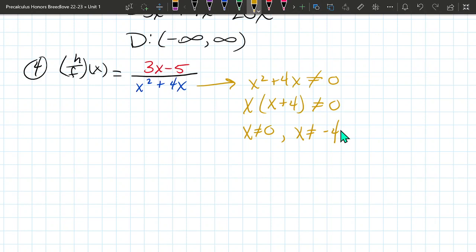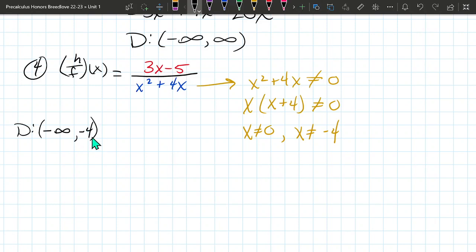All right, so if we have two domain restrictions, when we write the domain, that means we're going to have two unions in the domain. Okay? So if we start with the domain, it's going to start at negative infinity and go on until the smaller value, which is negative 4.